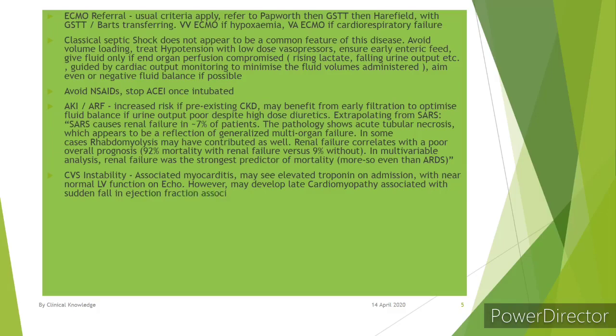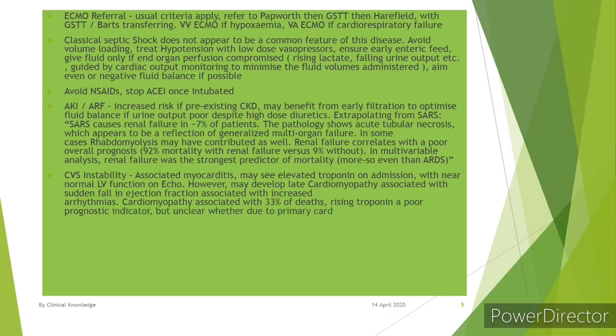Cardiomyopathy is associated with 33% of deaths. Rising troponin is a poor prognostic sign. Cardiac output monitoring may help to clarify timing of introduction of inotropes. If pH is greater than 7.2, trial of IV HCO3, aim serum HCO3 greater than 28.